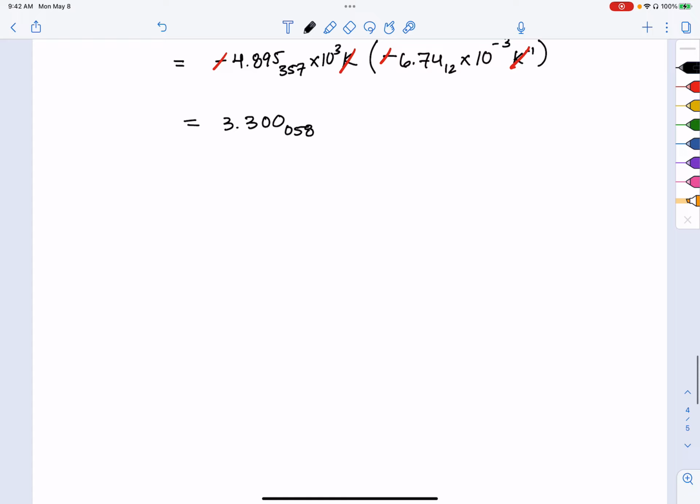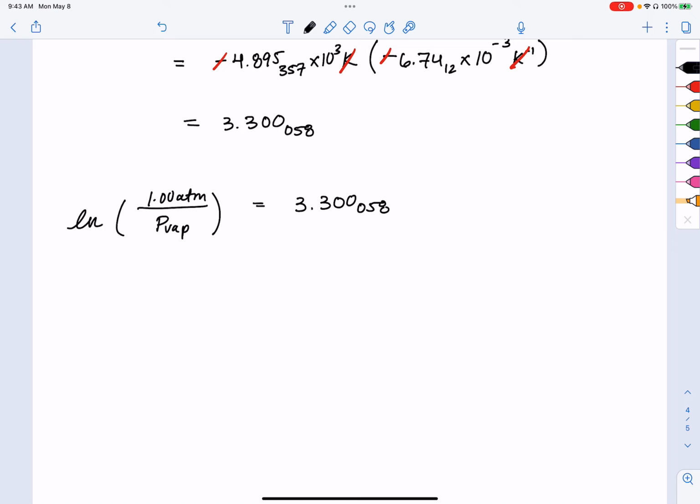So let's rewrite this. So now we have the left-hand side that we're not forgetting. So this is 1.00 atmospheres over our vapor pressure at room temperature that we're trying to solve for. This is equal to 3.30058.